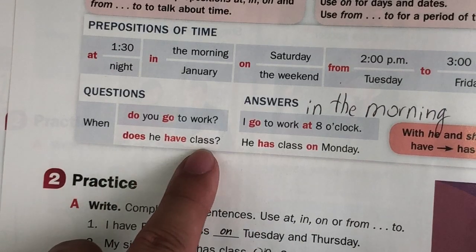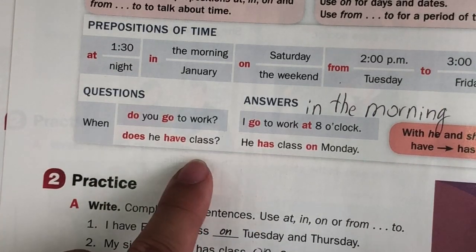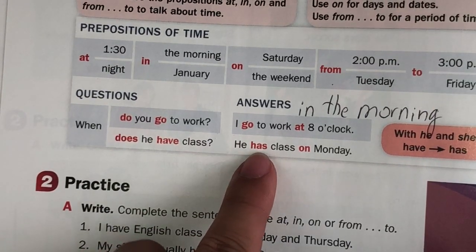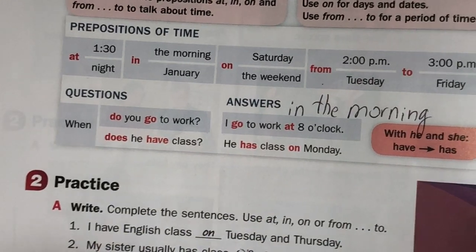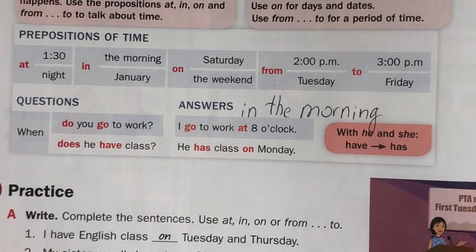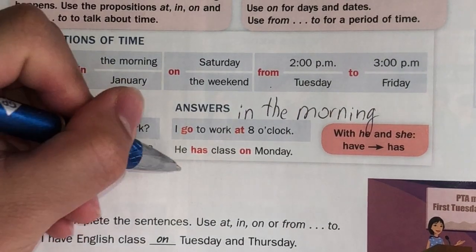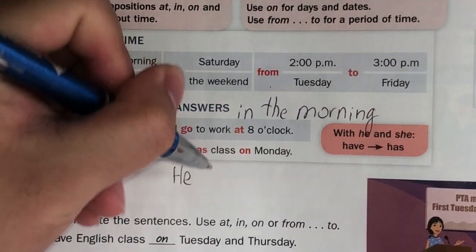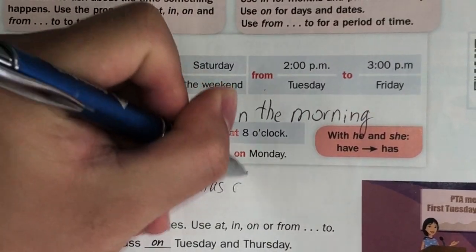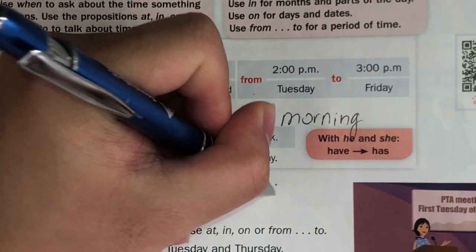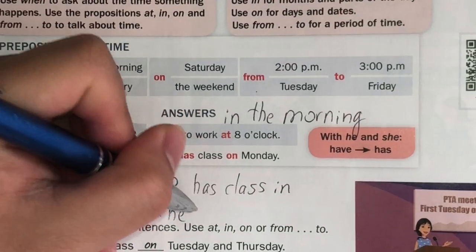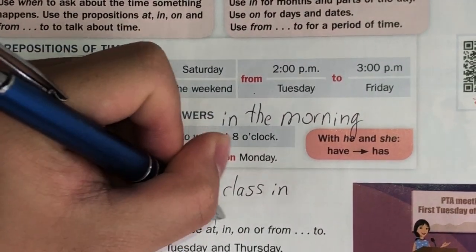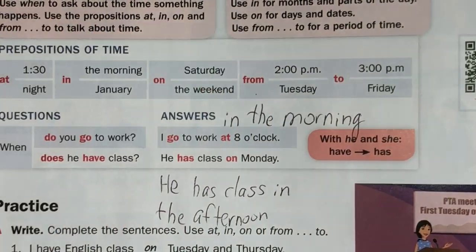When does he have class? What day does he have class? He has class on Monday. But if I ask, what time? He has class in a time of day, let's say afternoon.